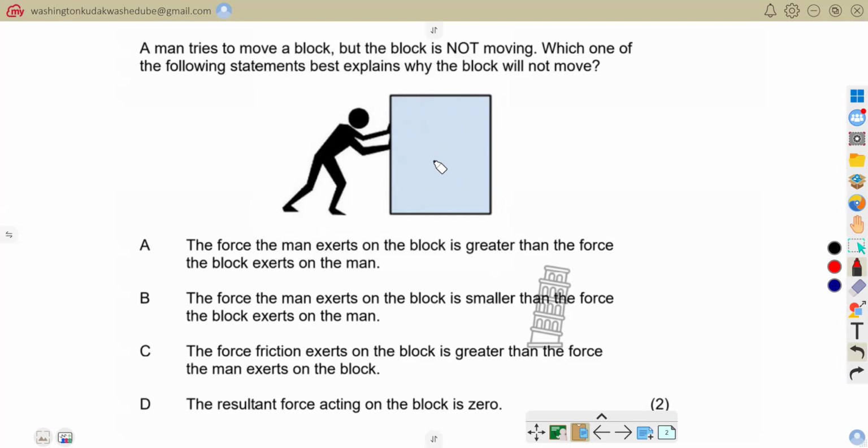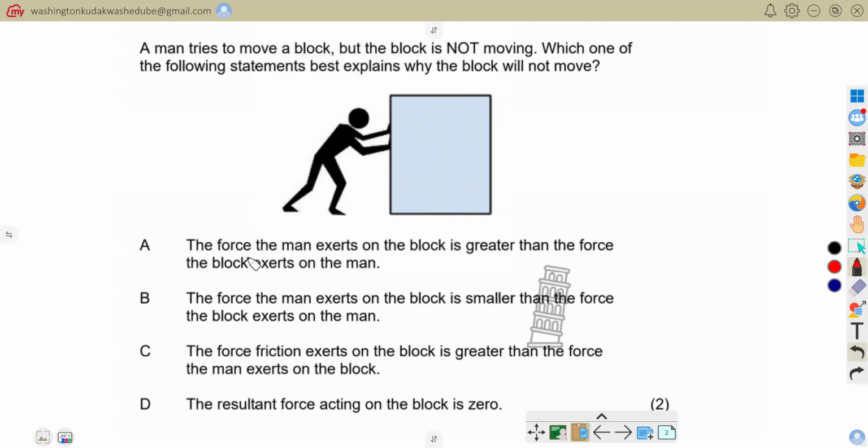What we know is that the movement of an object is described by Newton's first law, the law of inertia, where we say that all objects have a reluctance to change their state of motion, which might be due to their mass, or due to the surface on which they are placed. If we have friction here, that friction would act in opposing the force of motion.